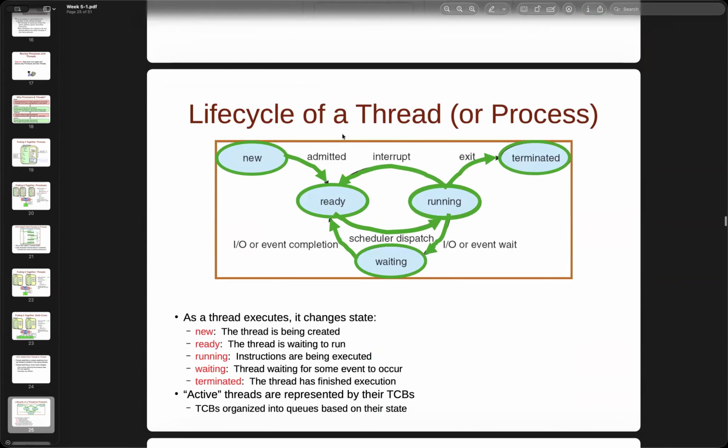Like here, if you look at the life cycle of a process, it's kind of like a function. We start from the new state, and then we have ready. Then with scheduling, dispatch, we reach the running state.